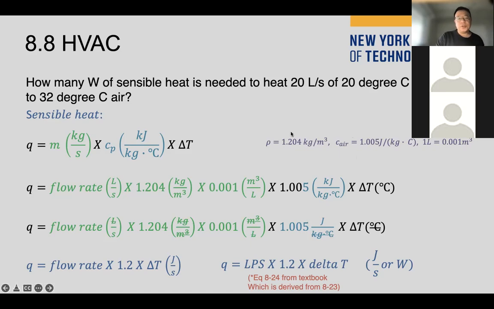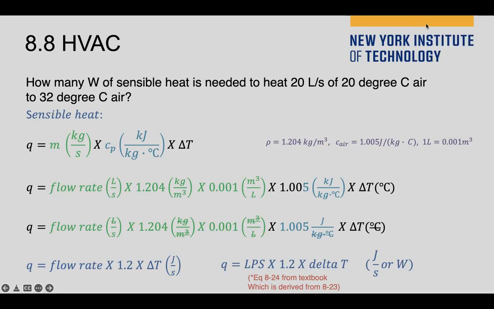In this question, you may simply find it in your textbook. This question is about how many watts, how much power of sensible heat is needed to heat up 20 liters per second of 20 degrees Celsius air to 32 degrees Celsius. First of all, you need to identify what sensible heat is.